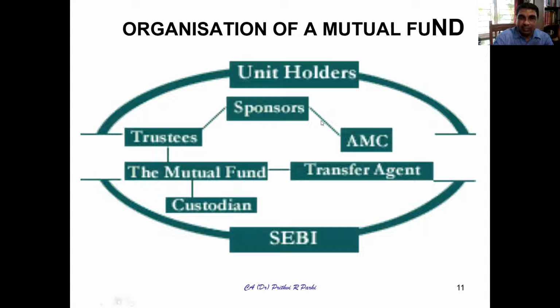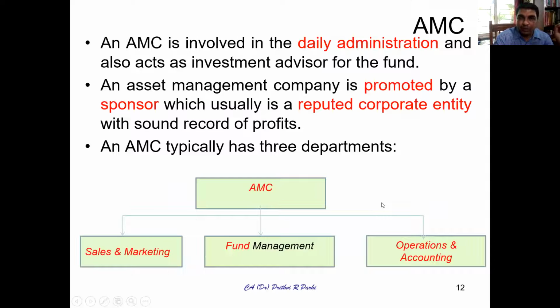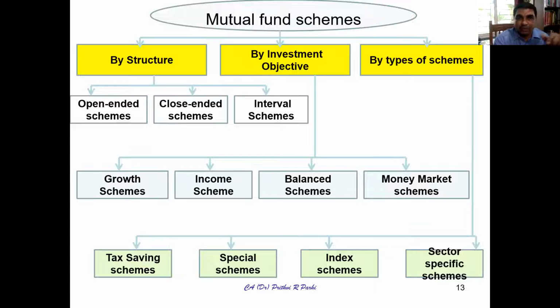These are the players of the mutual fund: sponsors, trustees, AMC, transfer agents, custodian. We discussed what an AMC, or asset management company, is in the previous class. I was also telling you about the various types of funds or schemes. By structure, it can be an open-ended scheme, closed-ended scheme, or interval scheme.